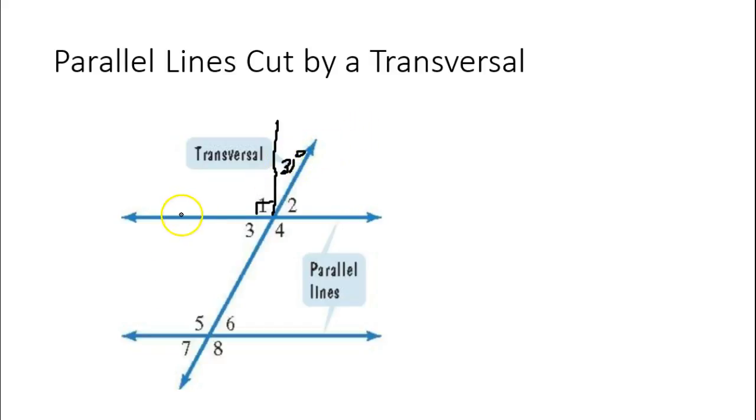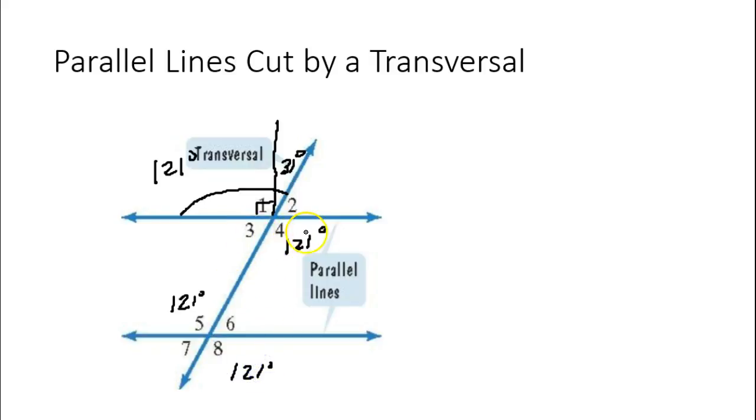Well, think about it. This whole angle is 90 plus 31, which is 121 degrees. So angle 4 would be 121 degrees. Angle 5, since those are alternate interior angles, would be 121 degrees. Angle 8 would be 121 degrees.